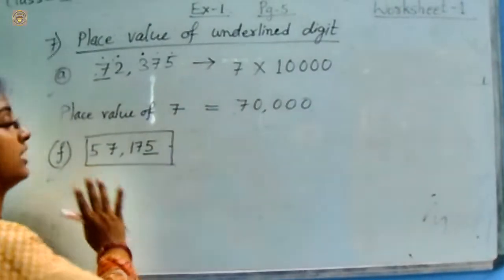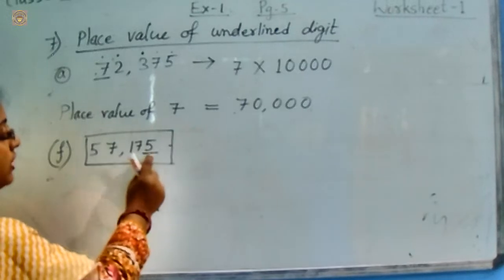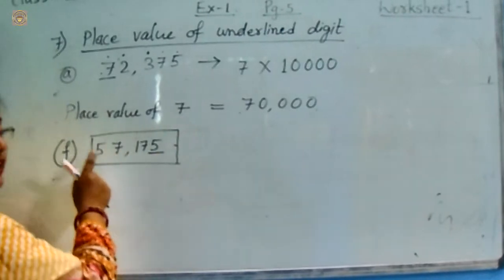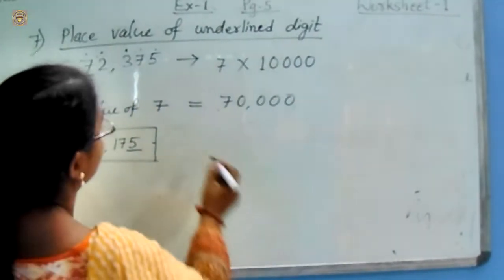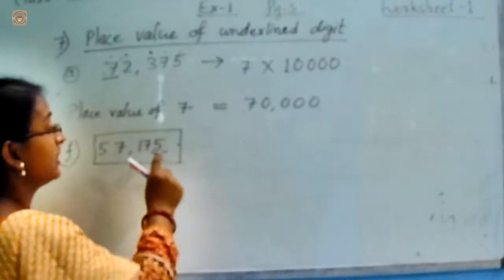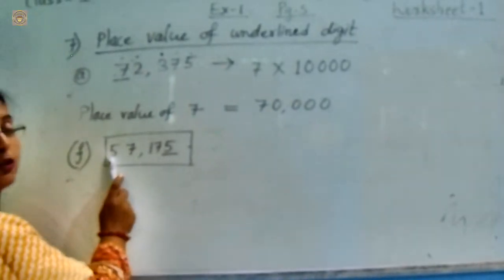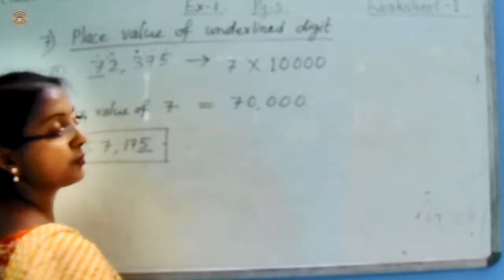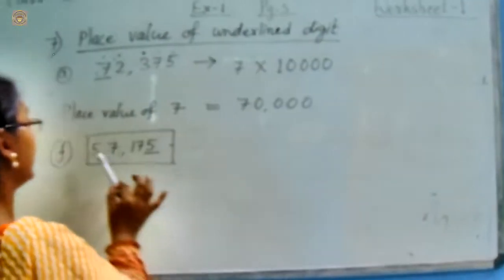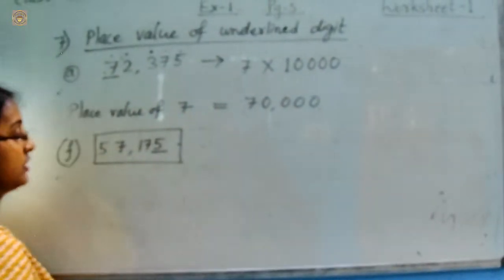Yes, there are 5 digits having the place values 1, 10, 100, 1000 and 10,000. So it is similar to the prior one, but here the underlined number is 5, not at the 10,000 position. It is at the 1 position.